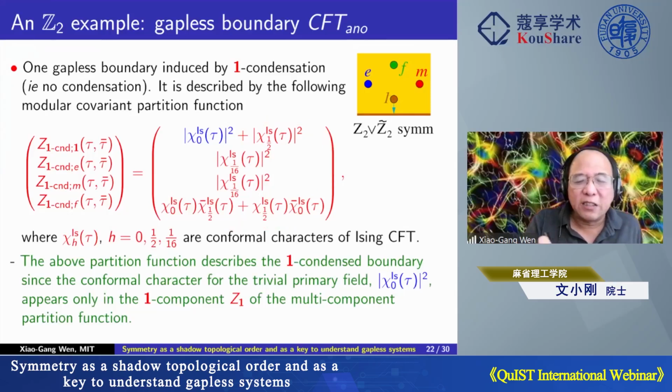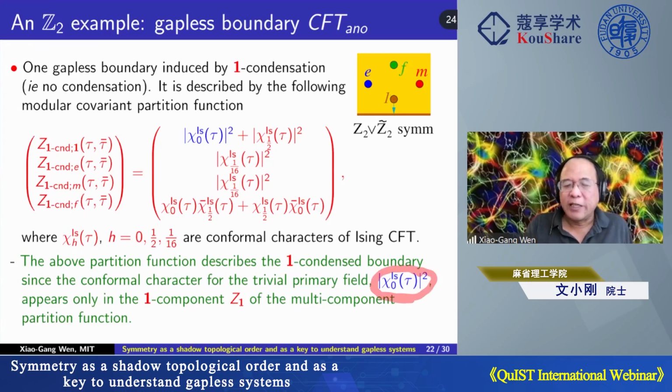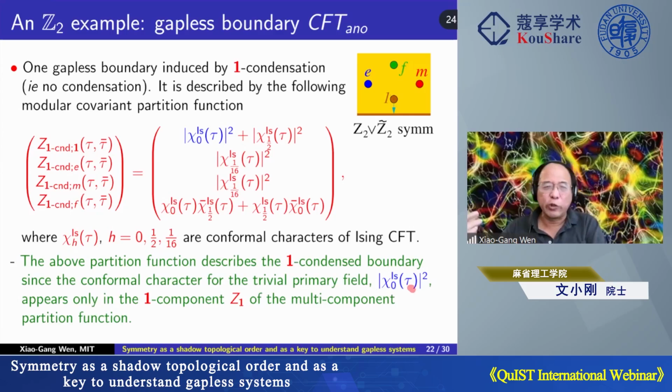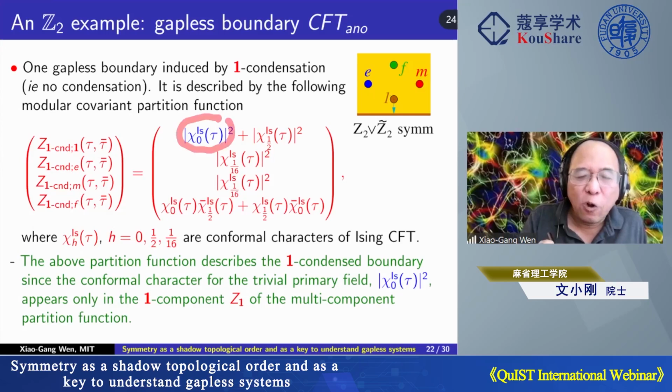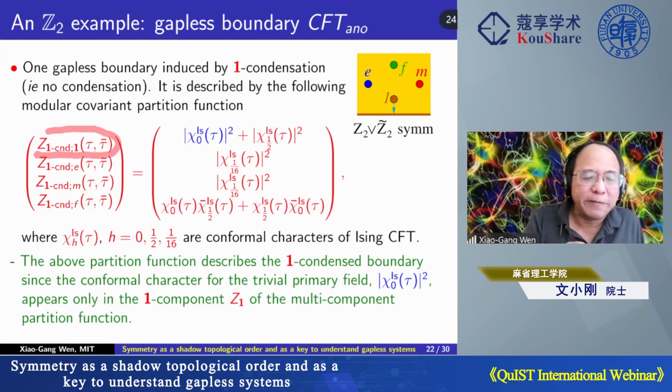And why do these results have no E condensation or M condensation? The reason is that the conformal character has a conformal block associated with a trivial primary field, meaning the identity operator. So this component is a chi0 square, the conformal character associated with the trivial primary field. We find this trivial primary field appears in only one component of the partition function, so we only have one condensation.